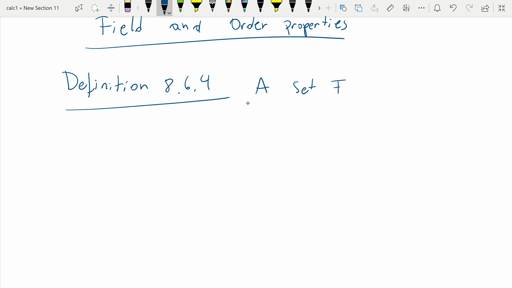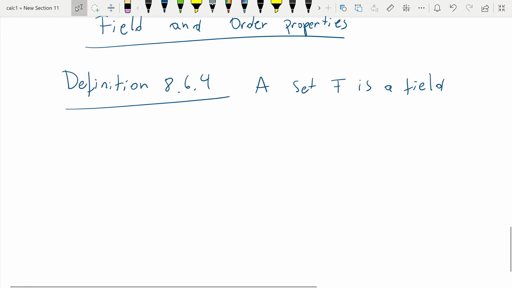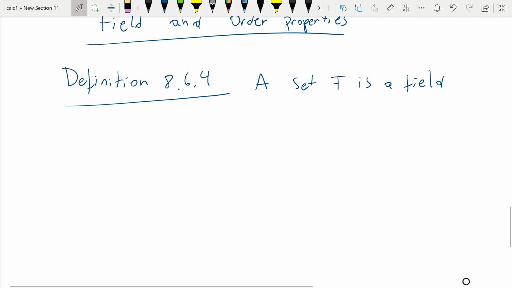A set F is a field. This again is the set of properties that are summarized in 8.6.4 that you want a set F to satisfy, which is what Q already has.